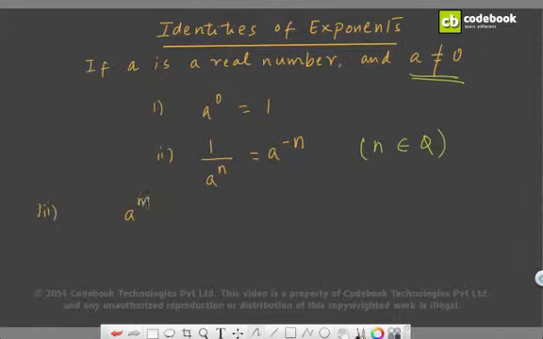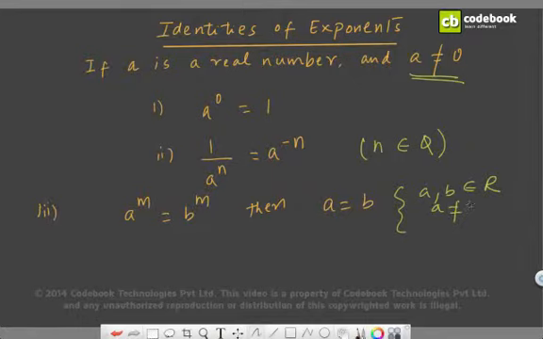If a power m is equal to b power m, then a equal to b, given a, b belongs to R, a is not equal to 0, b is not equal to 0, and m is a rational number.